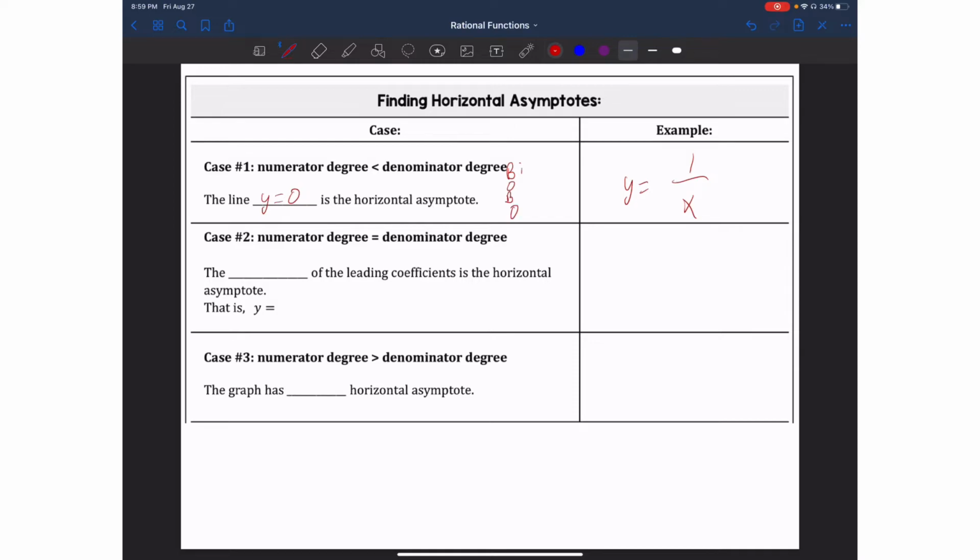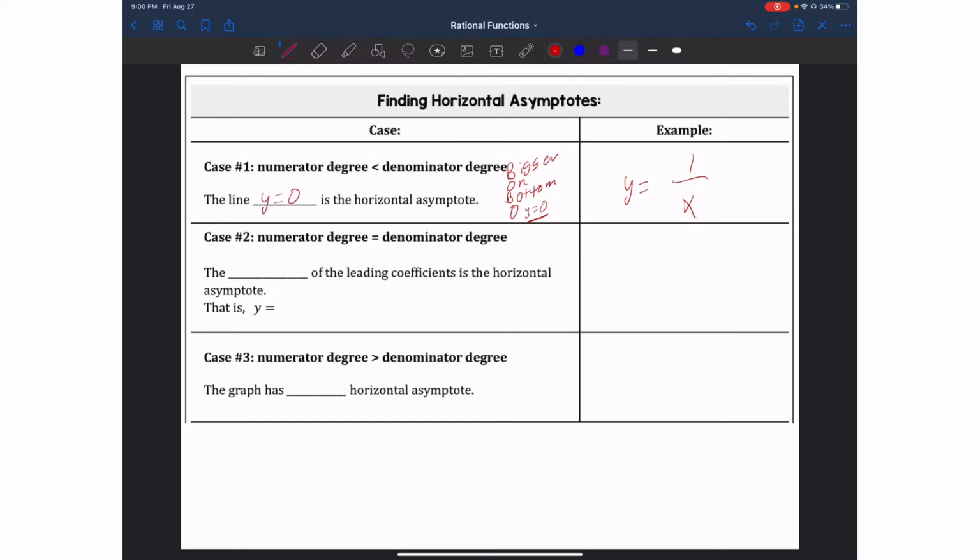And BOBO is going to stand for bigger on bottom. When we say bigger on bottom, we are going to talk about the degree. The degree on the bottom, or the denominator, is bigger, which is the case here. And then the last O stands for 0. So I know my horizontal asymptote will always happen at y equals 0 when the denominator is bigger on the bottom.